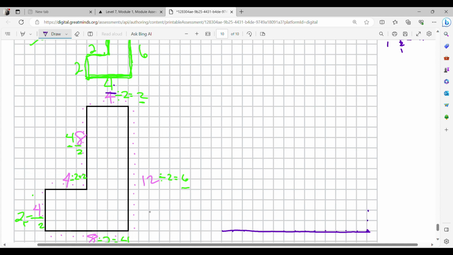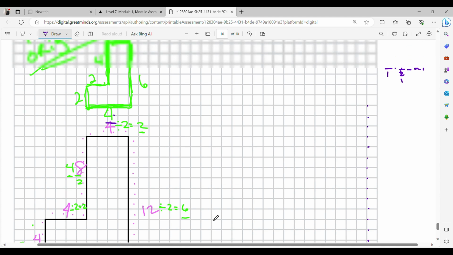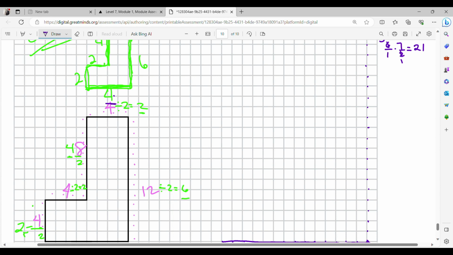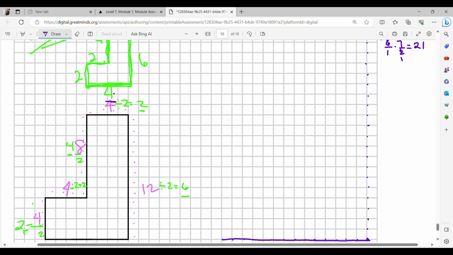I'm going 1, 2, 3, 4, 5, 6, 7, 8, 9, 10, 11, 12, 13, 14, 15, 16, 17, 18, 19, 20, 21. Ooh, buddy. Alright, let's try to fill all of that in.